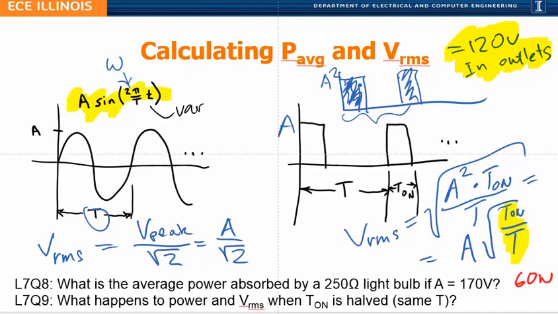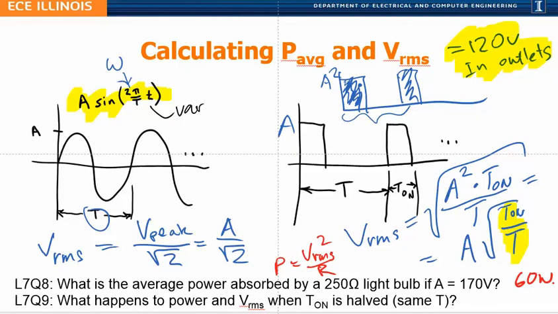For 170 volts, you'd divide by square root of 2 and get 120 volts or so RMS voltage. Then you could say that power equals VRMS squared divided by the resistance, and you'd get the same value, 60 watts.